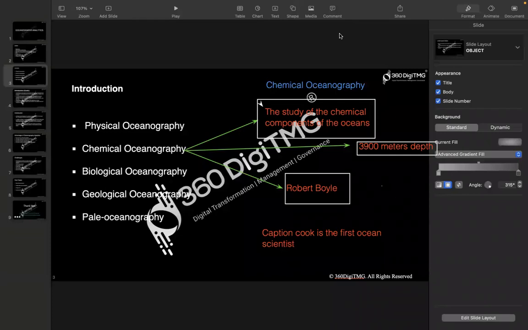His three voyages between 1768 and 1780 produced maps, charts, and numerous scientific samples in the ocean field. So this was about Captain Cook.